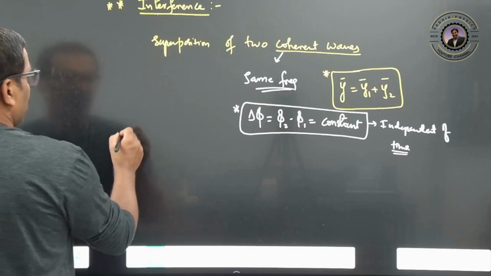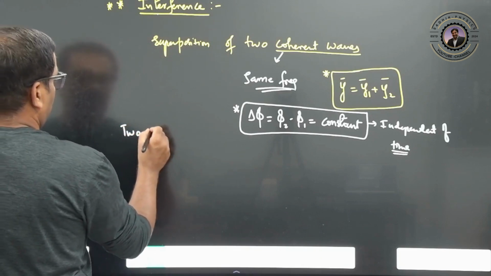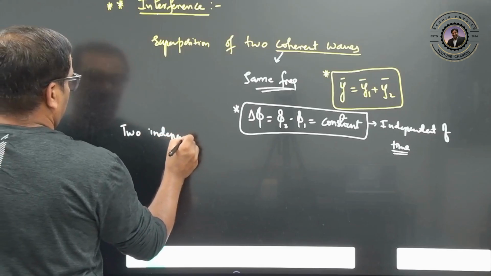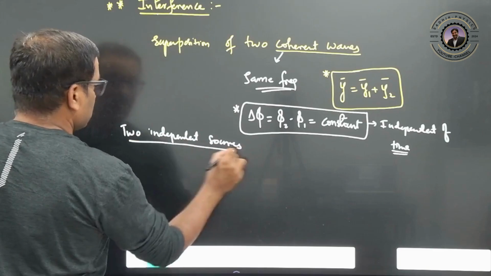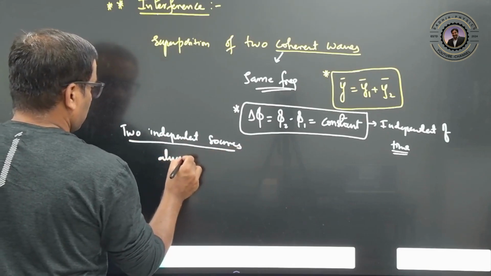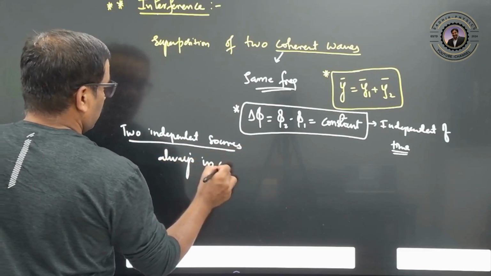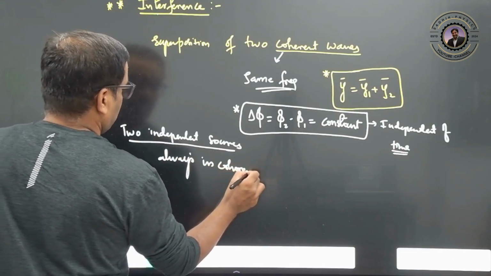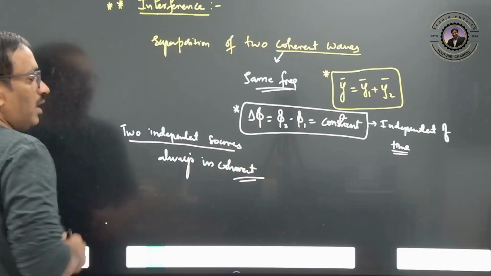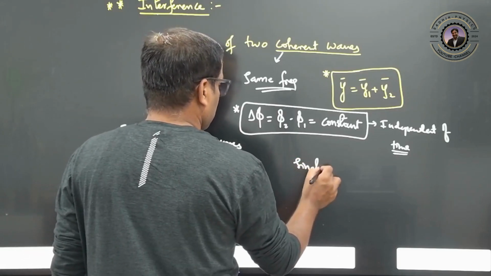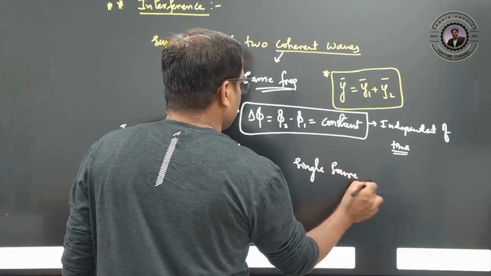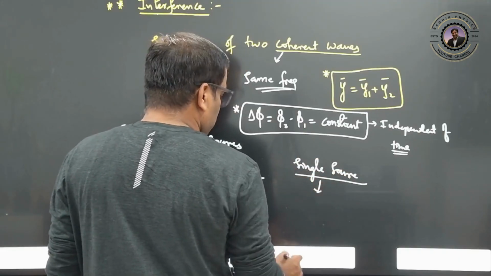Two independent sources are always incoherent. They will not create any interference. But for a single source, what you have to do is split it.